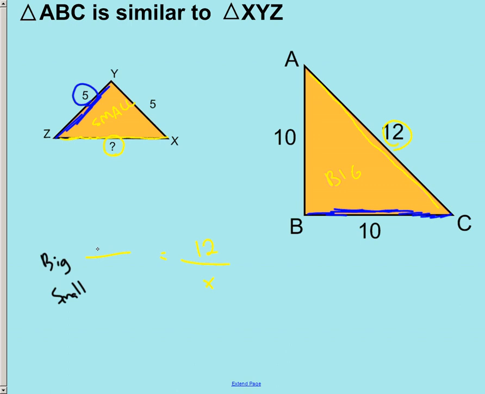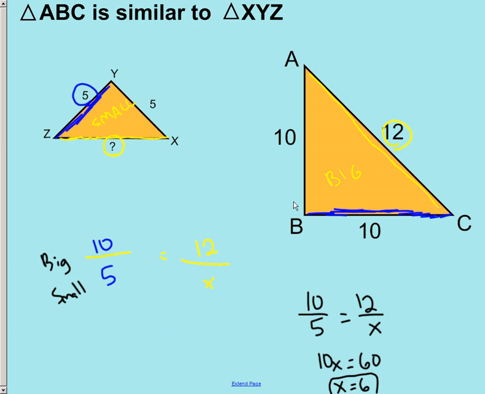That would be 10. 10 on top, 5 on bottom. So to rewrite our proportion, it'd be 10 over 5 equals 12 over x, and then we can cross multiply. And there you have it. The missing length for side XZ is 6.